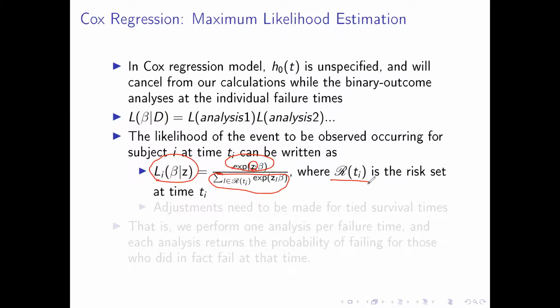R(ti) is the risk set, that is, all the individuals that are at risk of failure at time ti. Once we construct this individual likelihood, we multiply through all these individual likelihoods for distinct individuals across distinct time points.